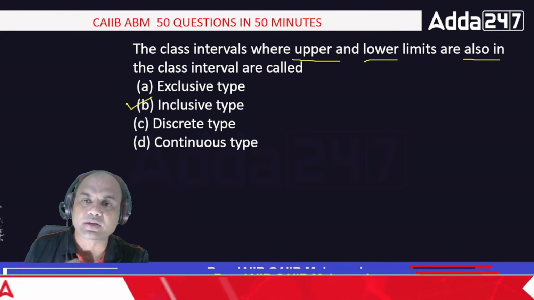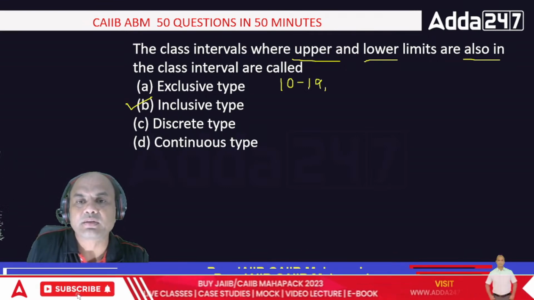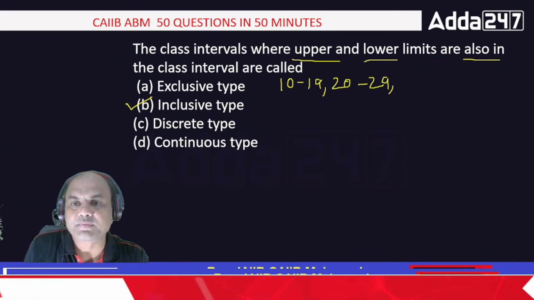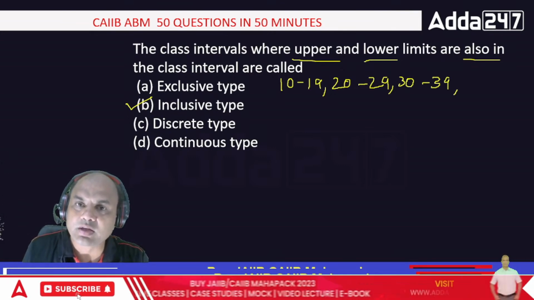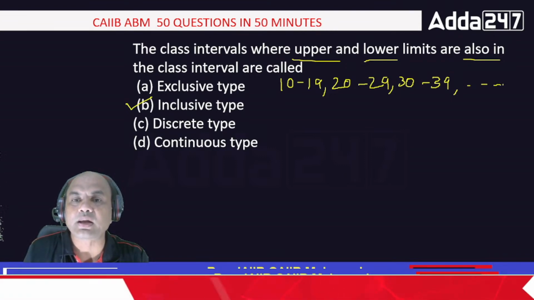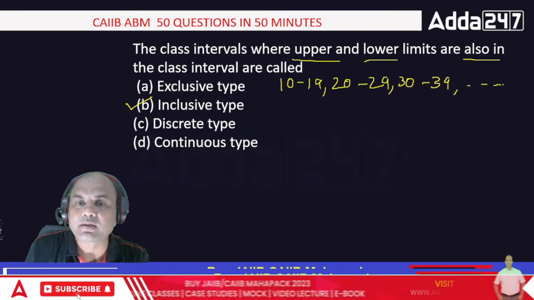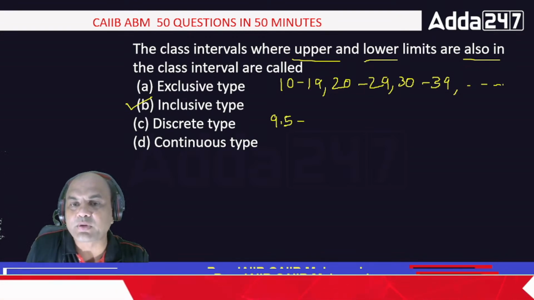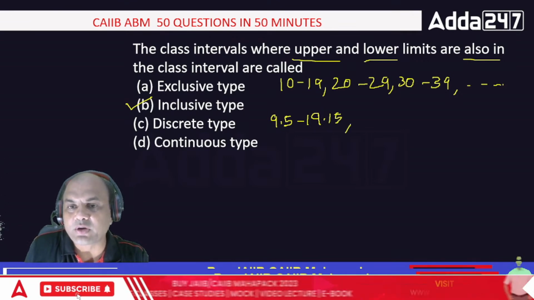Inclusive. As I gave you, 10 to 19, 20 to 29, 30 to 39. I can go on adding this up to infinite. So this is known as upper and lower limits being included. So this is inclusive. If I want exclusive from here, then it is 9.5 to 19.5.